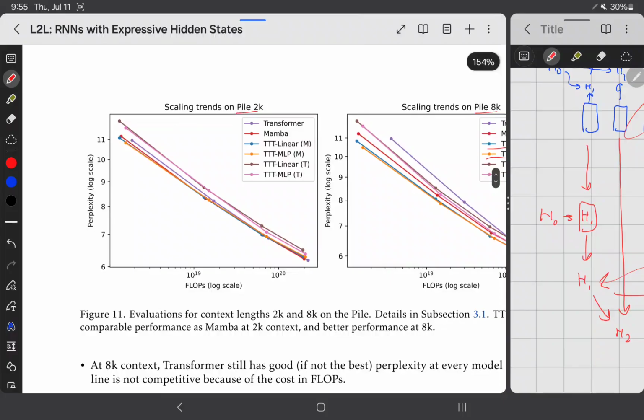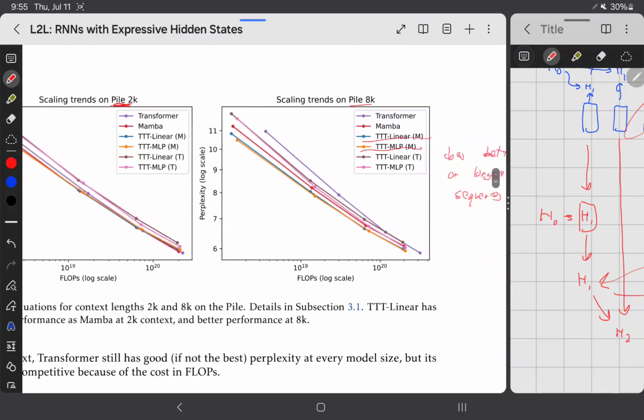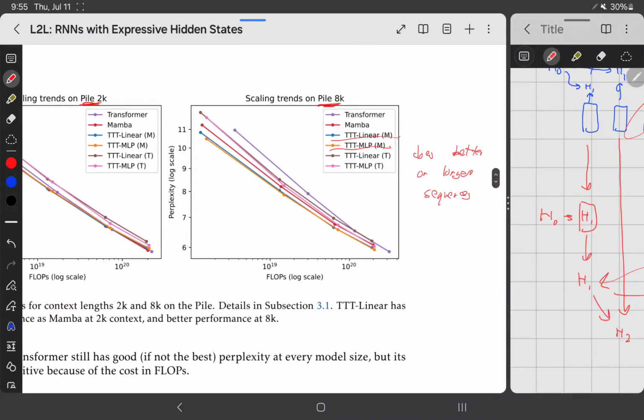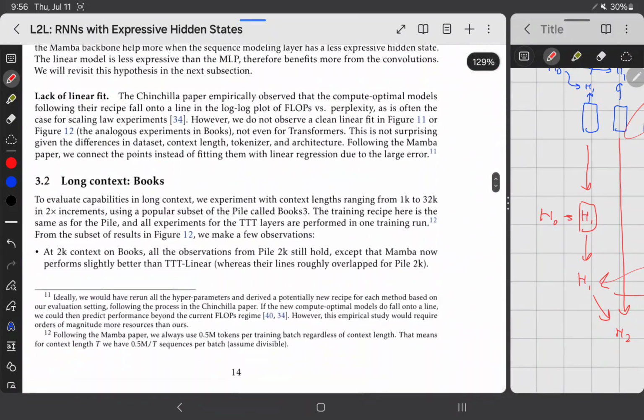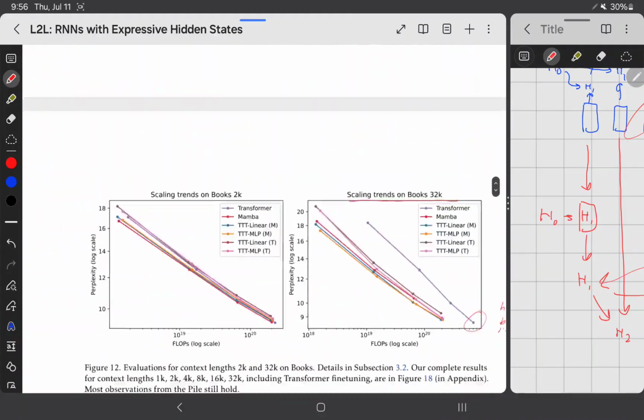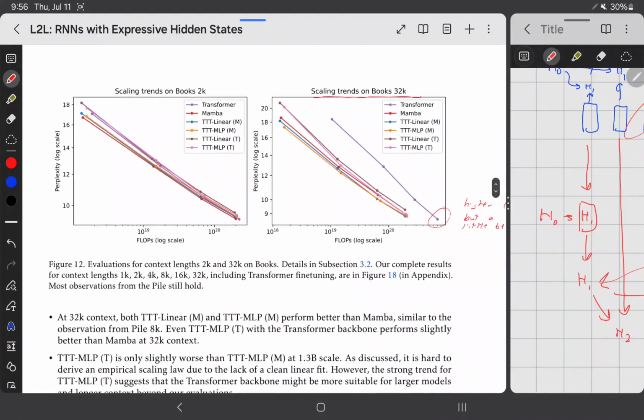I mean, all of them are about the same here. This is on the pile 2K. Whenever you go to the pile 8K, the transformer requires more flops here, but the perplexity is a little bit lower. They measure about the same here, so that's that. Here we can see a bigger difference.